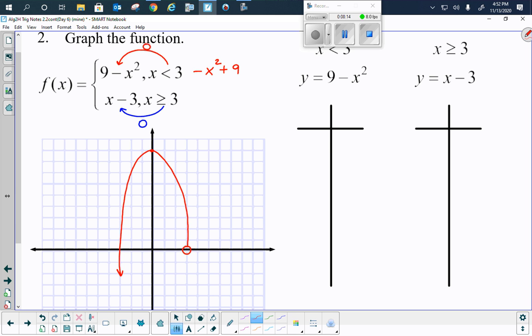Okay, and now the next function in blue. Well, because of the equal sign, when I plug in 3 and get 0, go to 3, 0, and this one happens to now fill this open circle in. Okay, so now it's filled in at 3, 0. And y equals x minus 3, well, that's a line, right?